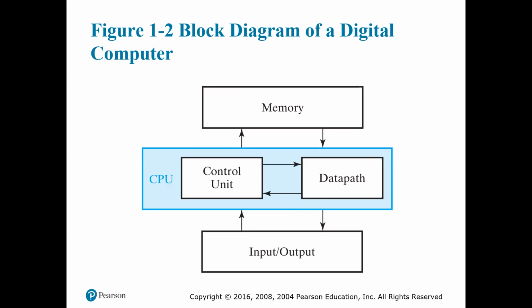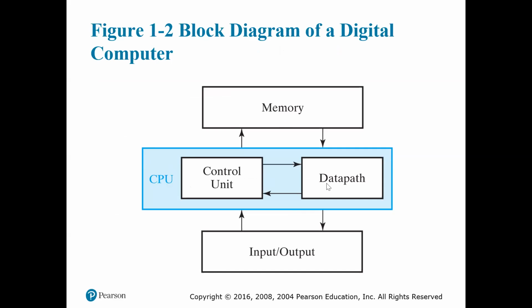The block diagram represents the general computer. The three main blocks included in a digital computer are the CPU, which consists of the control unit and the data path.